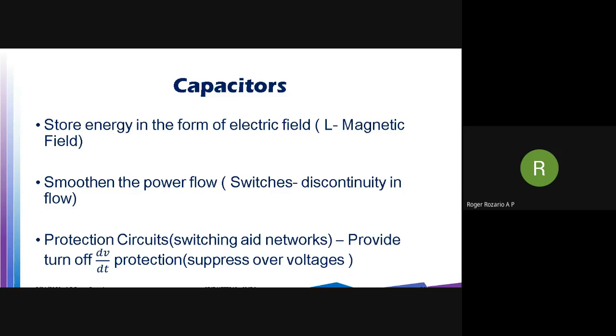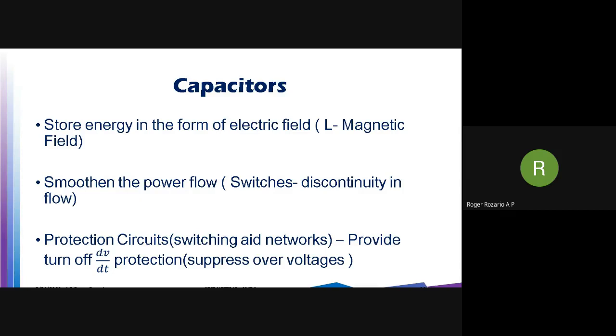You already know when you are closing or opening a switch, a severe voltage or current stress gets applied on the switches. So in order to prevent the turn on dI by dt surge, we are going to use inductors, and in order to prevent a turn off dV by dt surge, capacitors.